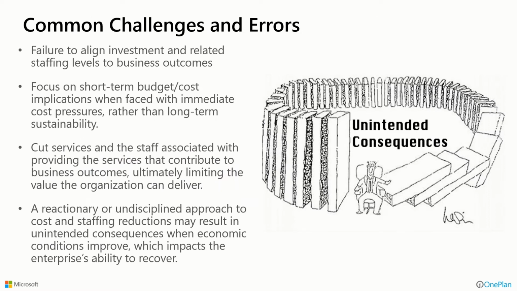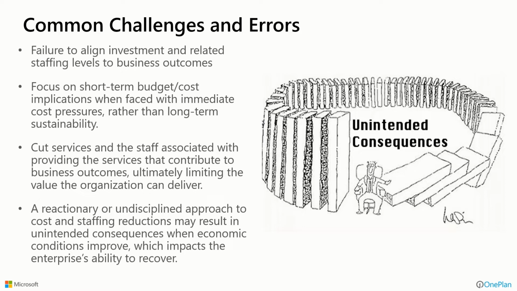So common challenges and errors that happen in this area are failure to align investment and related staffing levels to the business outcomes we desire. So as we're cutting or reducing staff, for example, are we doing it in a thoughtful way that doesn't hamstring or hamper our ability to achieve the business outcomes that we're trying to get to in the future?